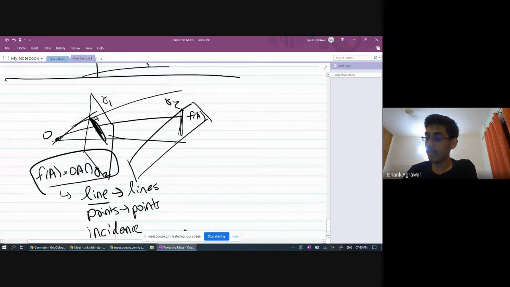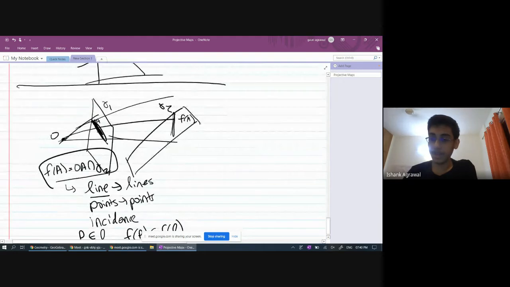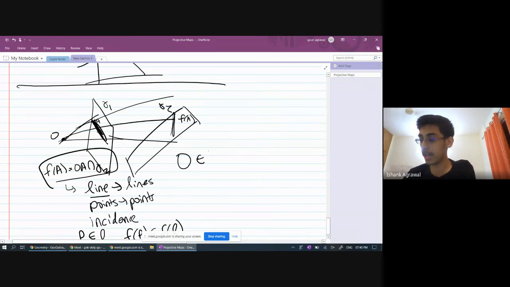We're only taking images of the points on this plane, so we're only defining this for the points that are on this plane. And again, as before, O does not lie on gamma 1 or gamma 2. Any questions?